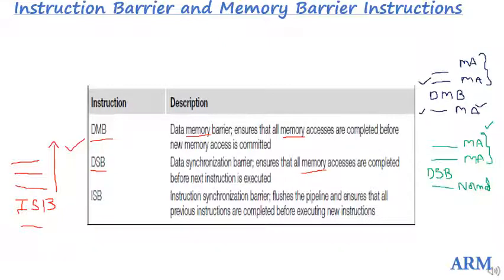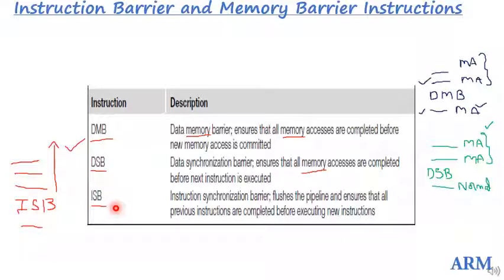Whereas the ISB instruction ensures that all other instructions, that is, those that are not memory access instructions and are not taken care of by DMB and DSB, have completed their execution.